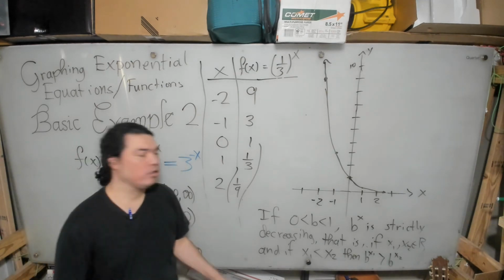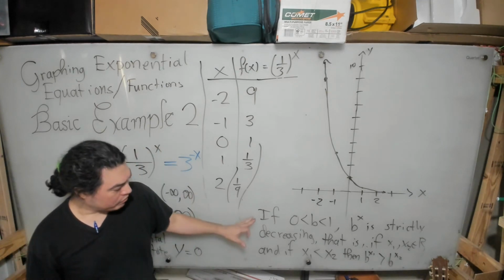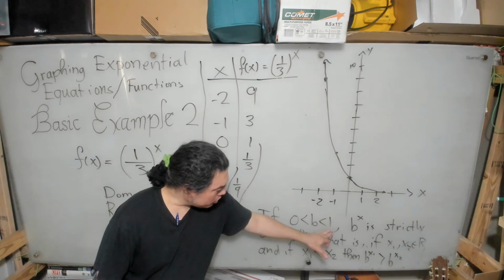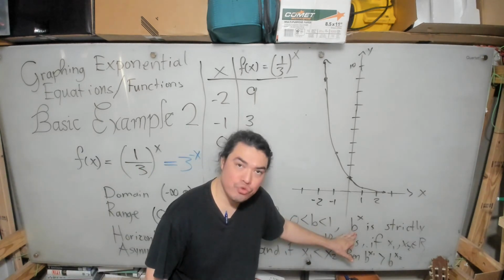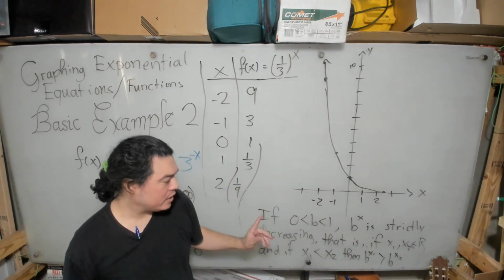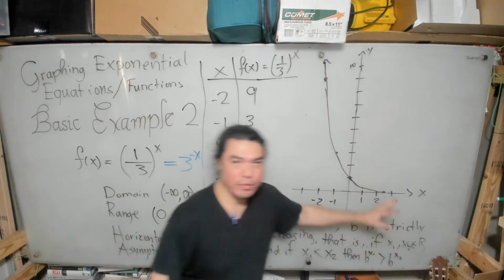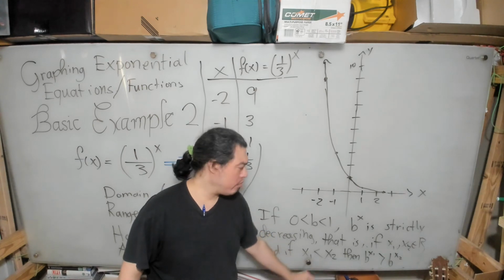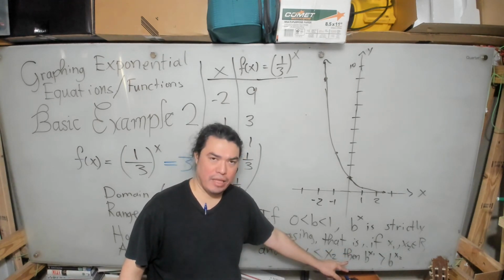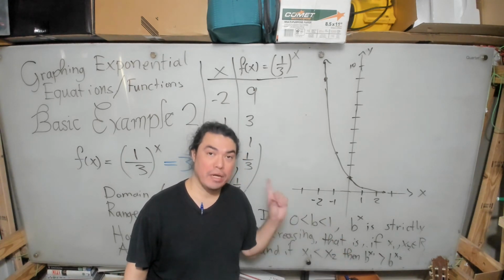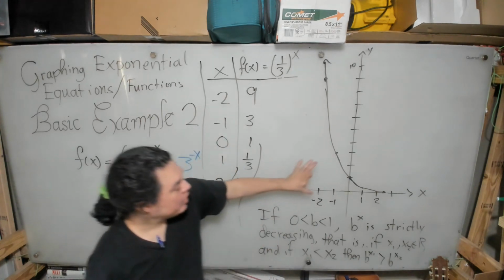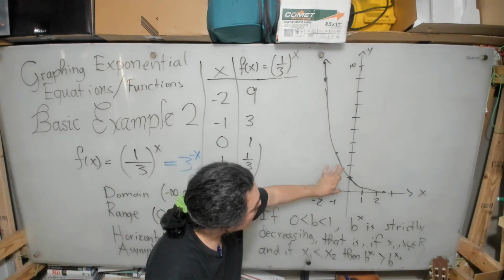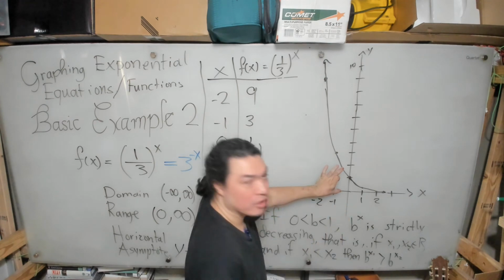Just to be technical, if 0 is less than b is less than 1, then b to the x is strictly decreasing. That is, if x1 and x2 are any real numbers, and if x1 is less than x2, then b to the x1 will be bigger than b to the x2. If x1 is here on the x-axis, then b to the x1 is this height.